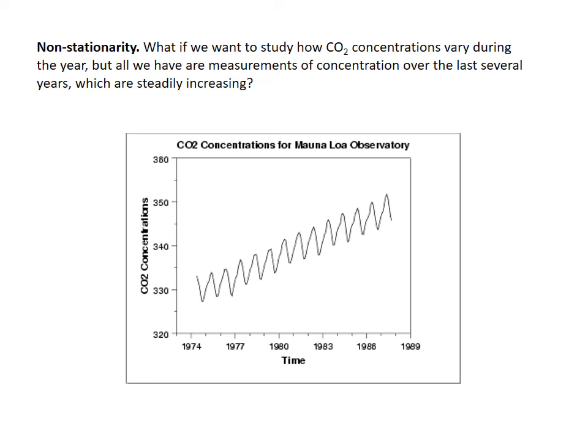So the mean is changing. The probability distribution around temperatures in June is changing, right? It's shifting up. Even if the variance around that doesn't change, the mean is. And this is an example of that, where the mean is changing over time of CO2 concentrations. But the oscillations around the mean, the standard deviation and the seasonality here is not changing, just the linear mean over time.